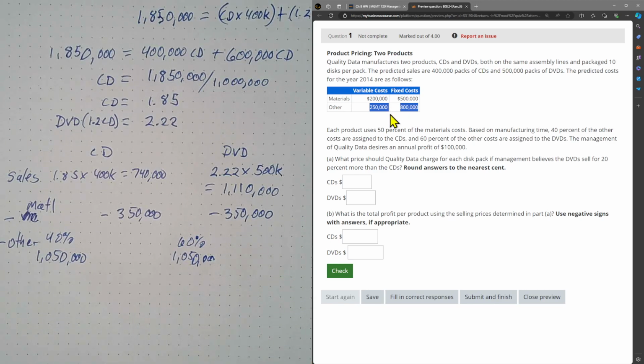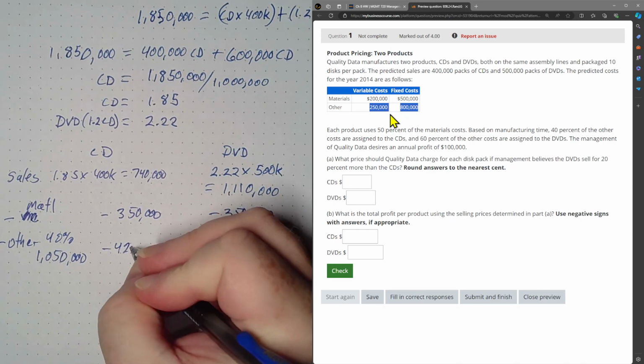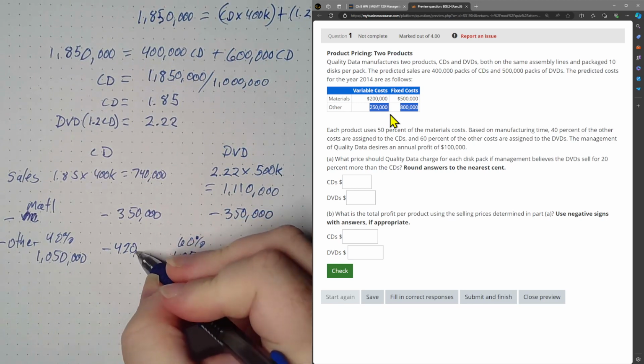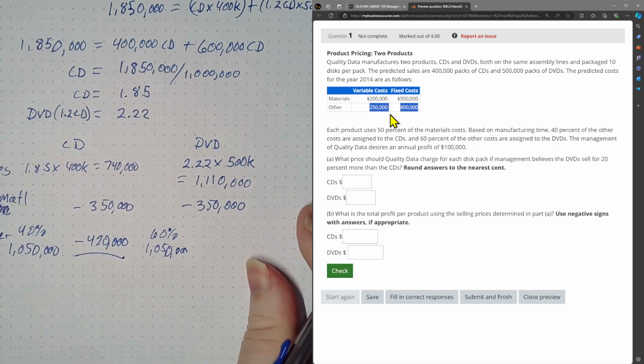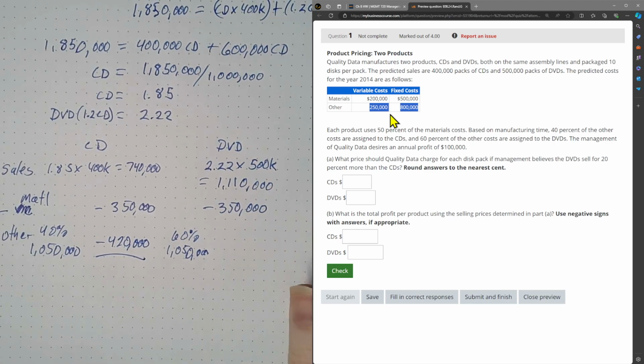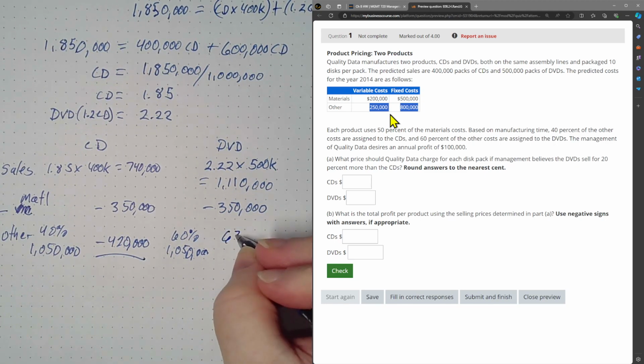So 40% times 1,050 is going to be minus 420,000. And 60% is going to be $630,000.